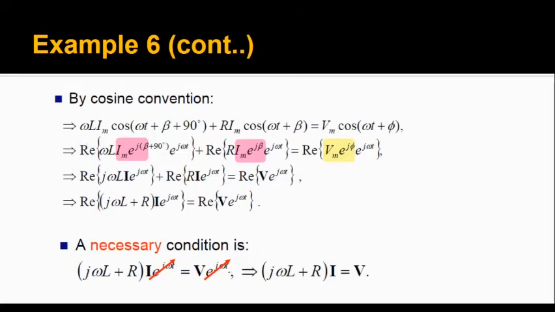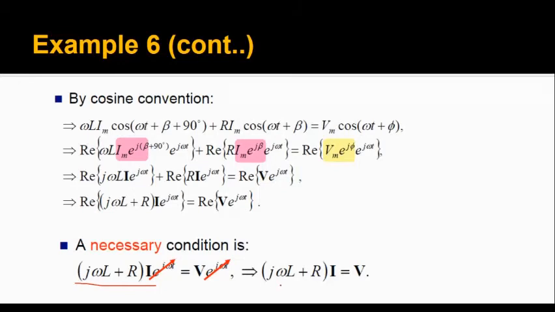Solving with the necessary conditions, you should get j omega L plus R. So we are eliminating the cosine function, and we are only left with j omega L plus R times the current.